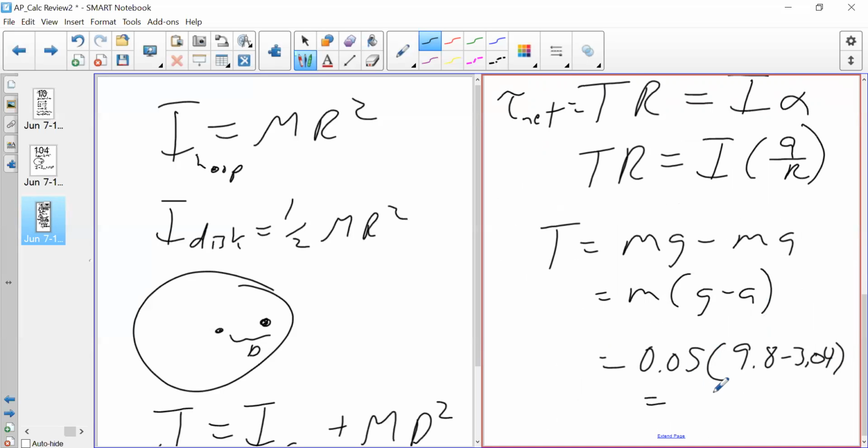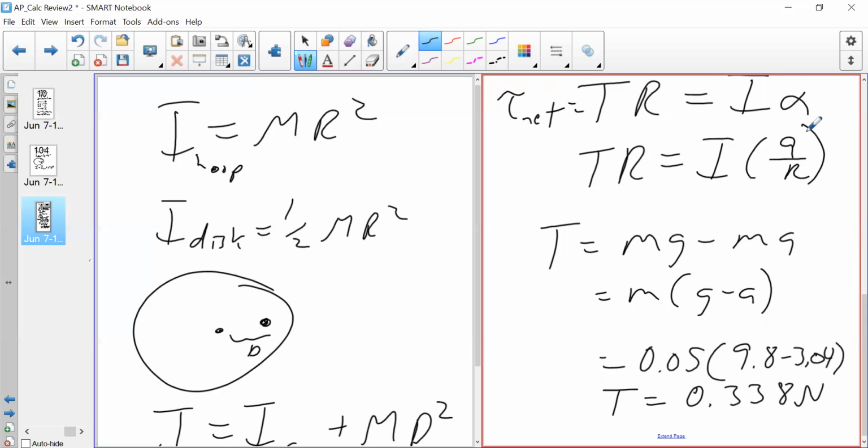Again, slightly different from theirs, but it's trivial, like the difference between 3.04 and their 3.01. As long as you're not getting 10 here, that's a problem. So the tension will be 0.338 newtons, and now we can plug it into here.